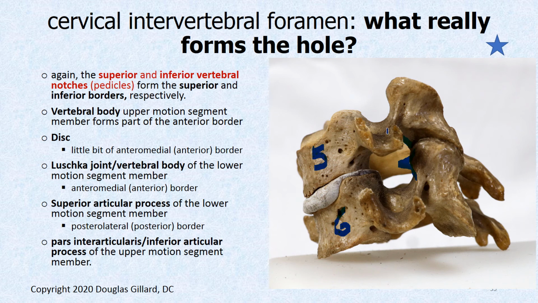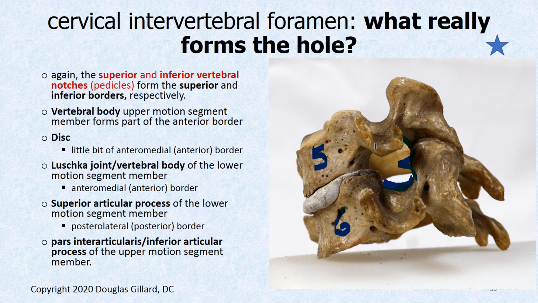Okay, the roof and the floor are made up of pedicles. Specifically, here is the superior vertebral notch of C6, which makes up the floor. That was on your test, right? Some of you guys didn't do so good on that. Remember, the superior vertebral notch comes off the superior part of the vertebra, but it makes up the bottom part of the hole, or the floor, or the inferior part of the IVF.